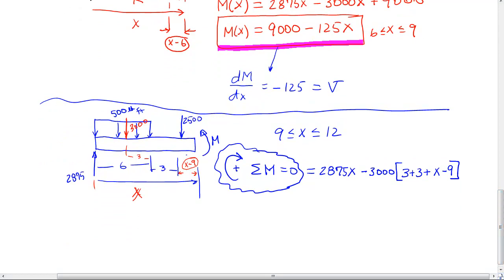The only other new load is minus 2,500 pounds, x minus 9, and then minus your moment.